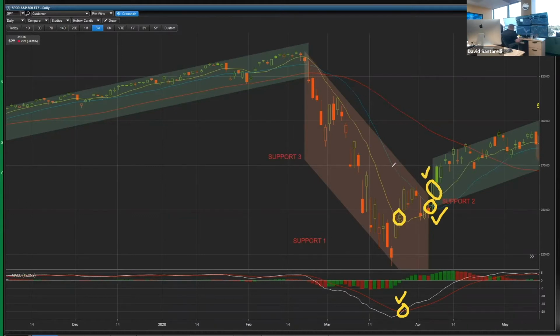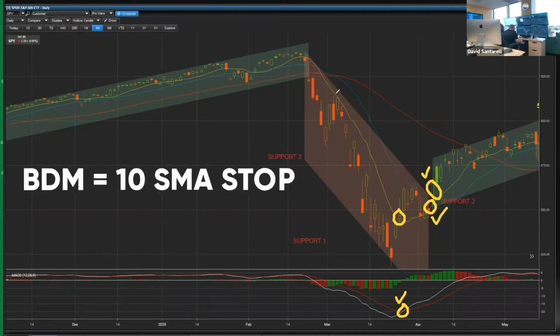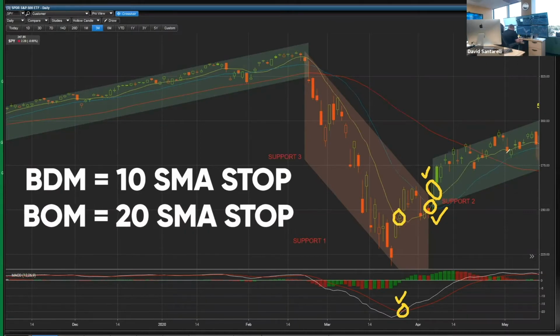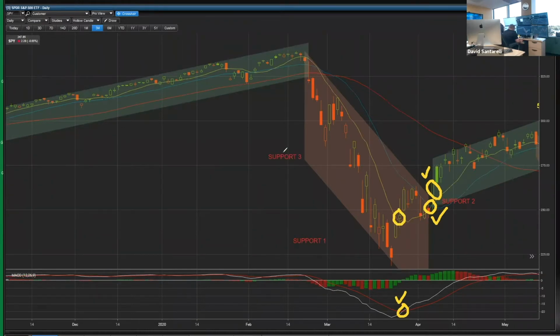Now, here's the thing. When you're in breakdown momentum, you're using that 10-day as your stop. When you're in breakout momentum, you're using that 20-day simple moving average, first candle with a full body below that 20-day simple moving average, as your stop. Okay, because you know what they say, down like a rock, up like a feather.